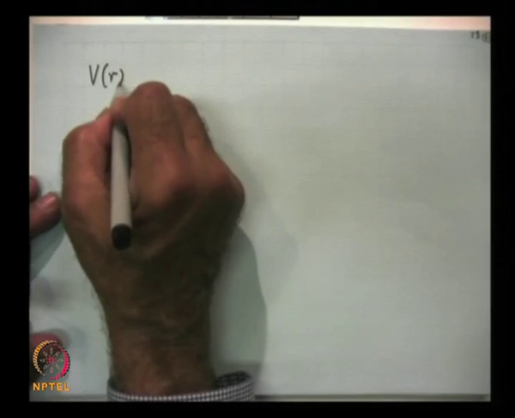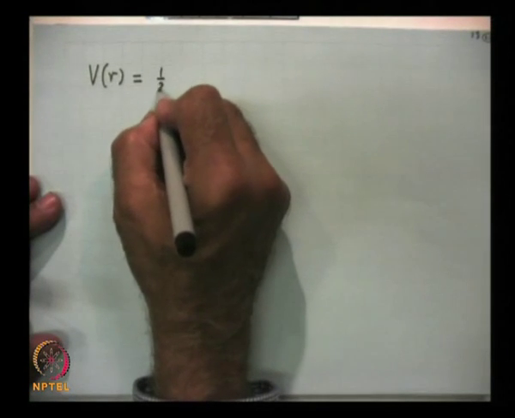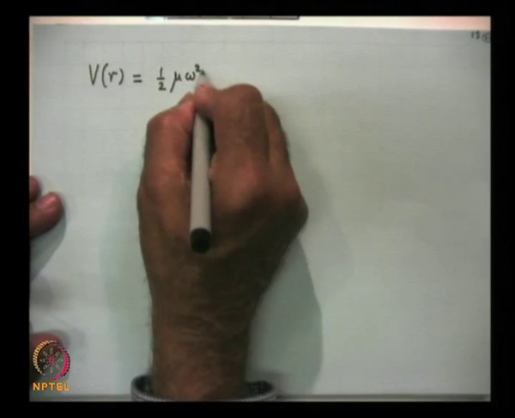In the previous lecture, we were considering a spherically symmetric potential, which is half mu omega square r square.